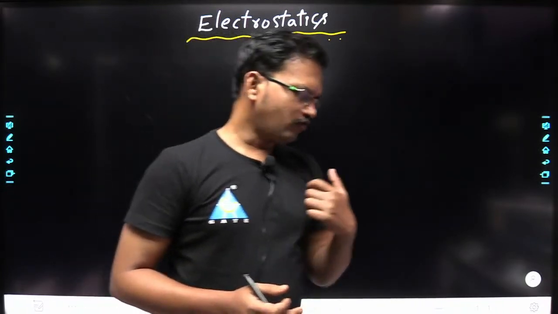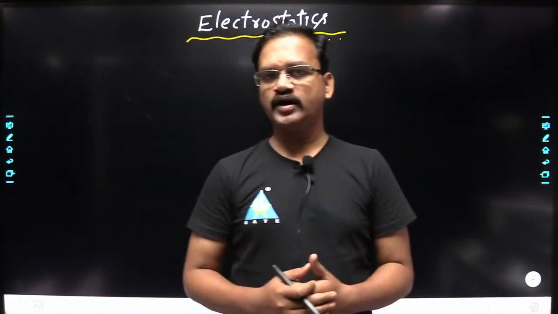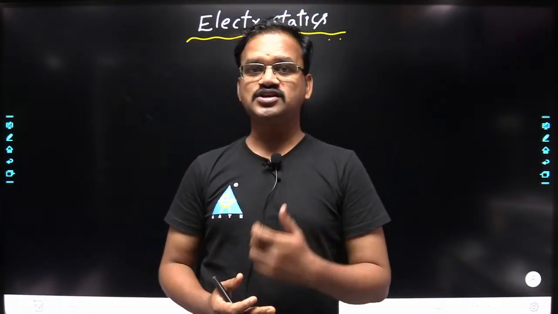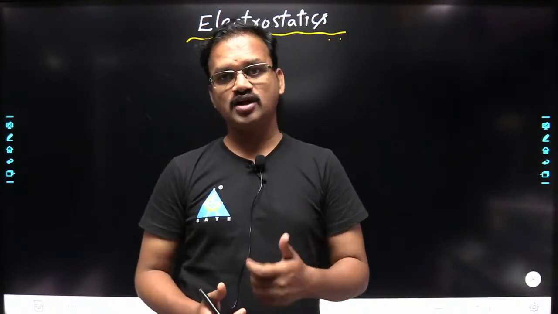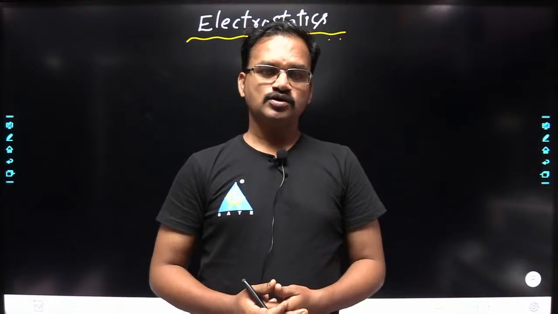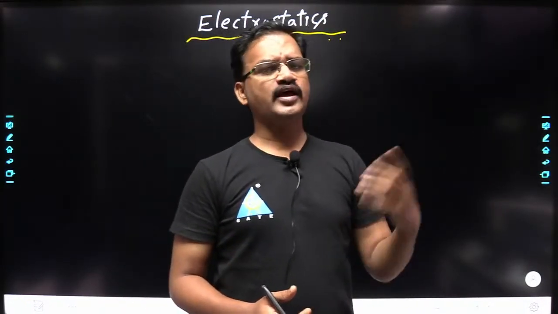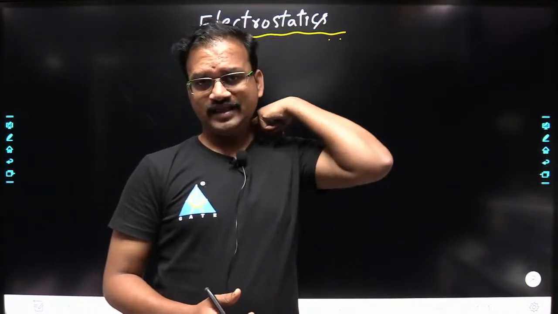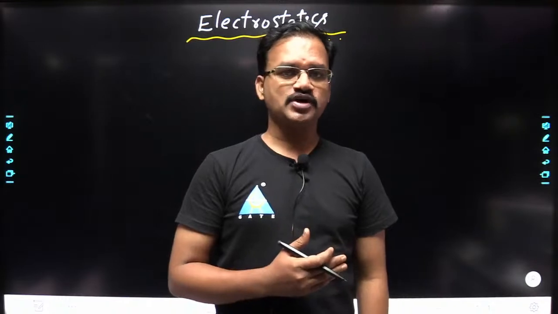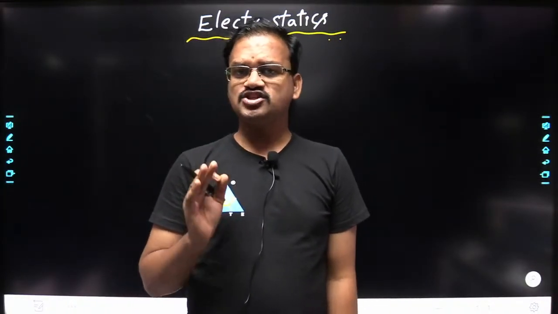So now if you want to create a charged particle, how can you create it? You can create a charged particle by creating charge imbalance. How can we create this charge imbalance? If you take electrons out of a material, then the positive charge carriers are going to be dominant over the negative charge carriers, and hence that material is going to behave as a positively charged material.